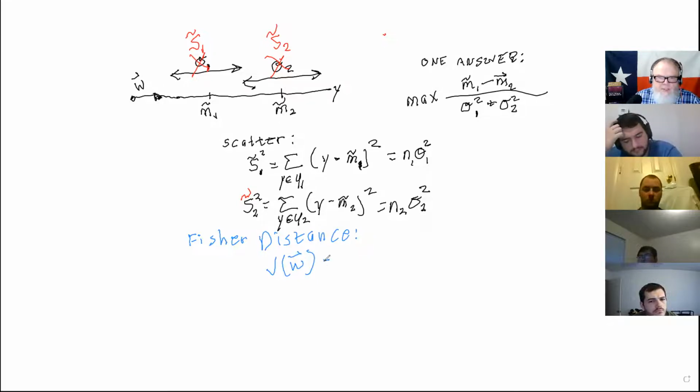J of W is equal to m1 twiddle minus m2 twiddle. That's the signal. And then over the noise, which would be S1 squared plus S2 squared.